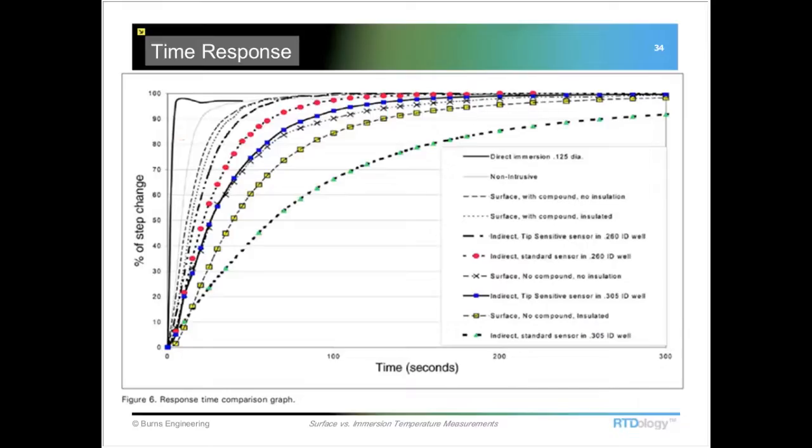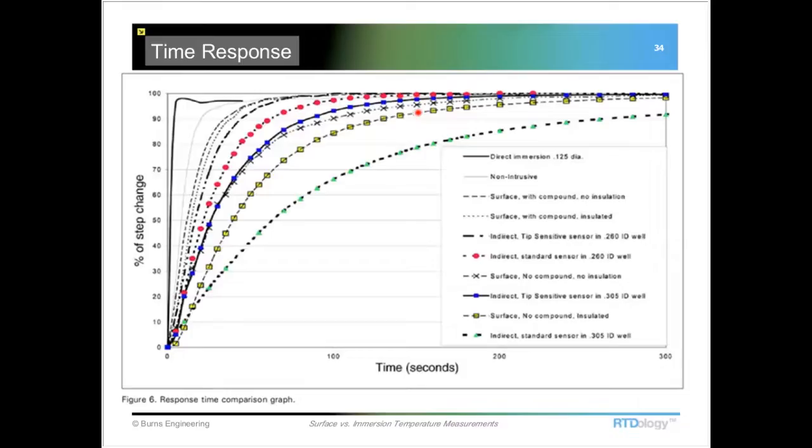This direct immersion style sensor happens to be 1/8 inch diameter, so it's real small, and we get a real fast time response. And we can contrast that with an indirect style sensor like our thermal well sensor setup, and we can see how much slower this one is. It goes way out here, well over 100 seconds before it even starts to approach indicating 100% of that total temperature change.